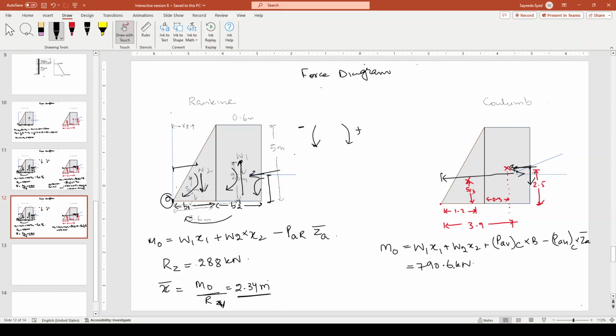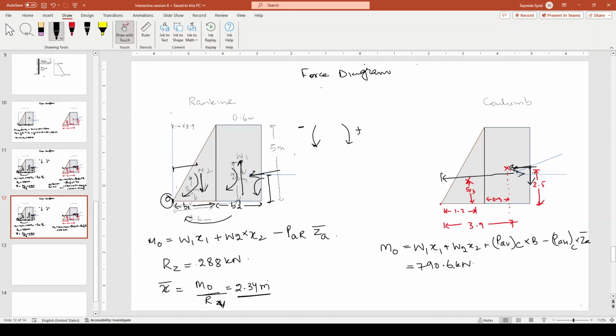Let me write it here. I got confused. This will be TR by PAR equals 128.275, which is 1.7, which is greater than 1.5.